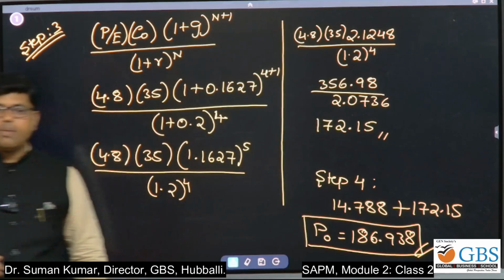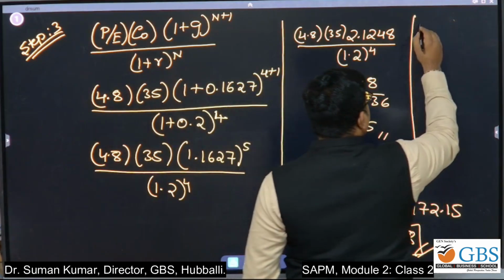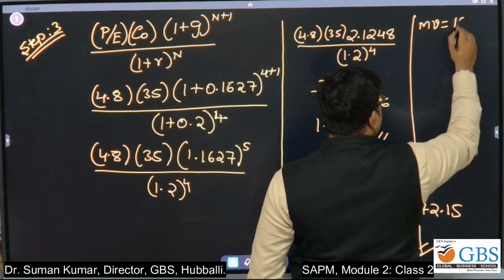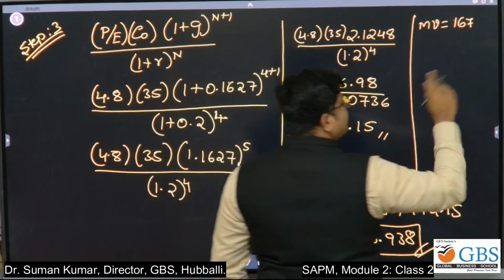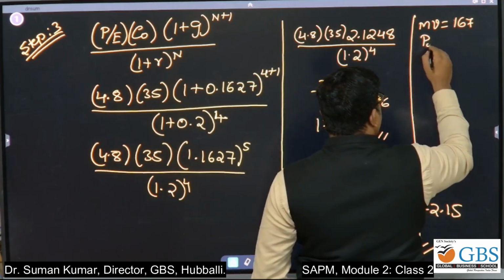186.938. We need to conclude whether we need to buy it or we should not buy. So what is the market price? Market value or market price is equal to 167, which is given in the question. Theoretical value, that is P value, we got it.